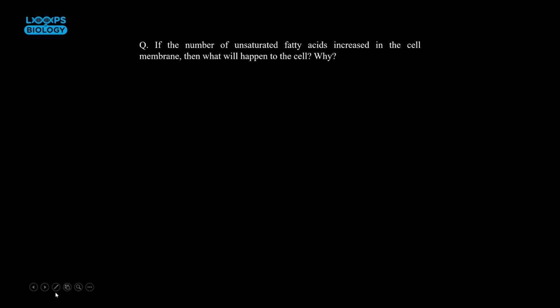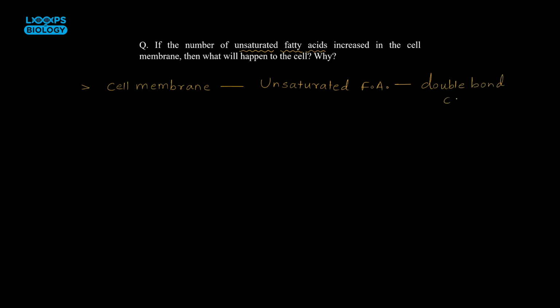Next case, if the number of unsaturated fatty acids is increased in the cell membrane, then what will happen to the cell and why? If I am considering a cell membrane with unsaturated fatty acids, you must remember that those have a double bond present between the carbon atoms.